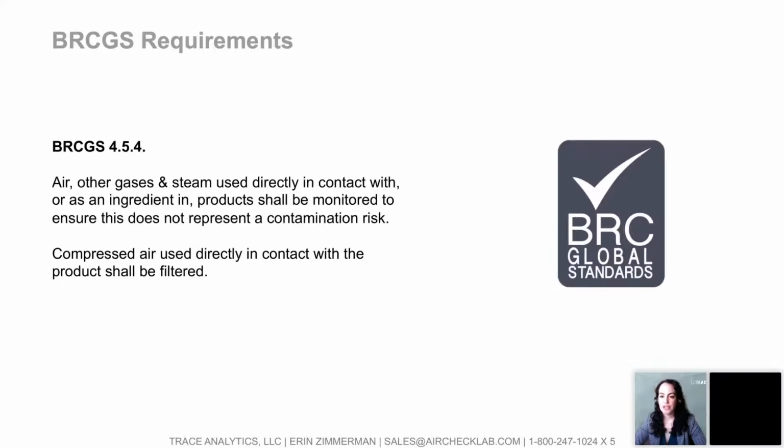Compressed air used directly in contact with the product shall be filtered. So again, you'll notice the word shall, and the fact that they're recognizing, because it's used as an ingredient in and coming in direct contact with product, it's a key utility in your manufacturing facilities.